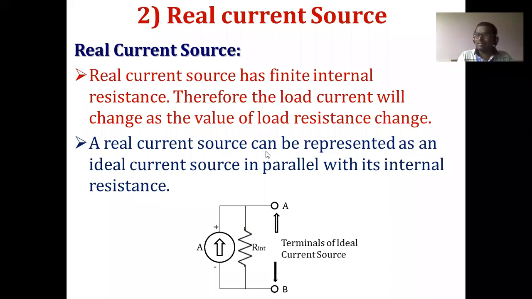This is the basic reason the internal resistance of a voltage source is always represented in series and internal resistance of a current source is always represented in parallel. Are you clear my point?